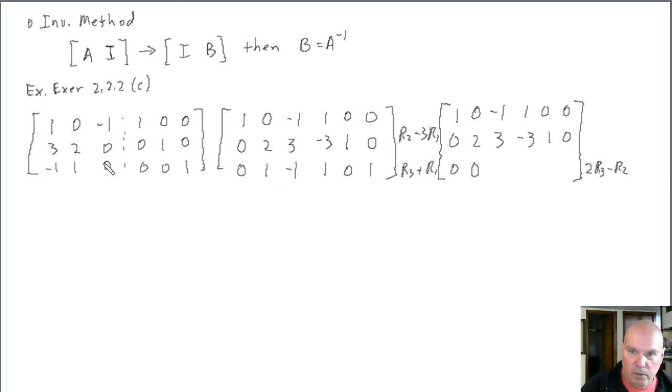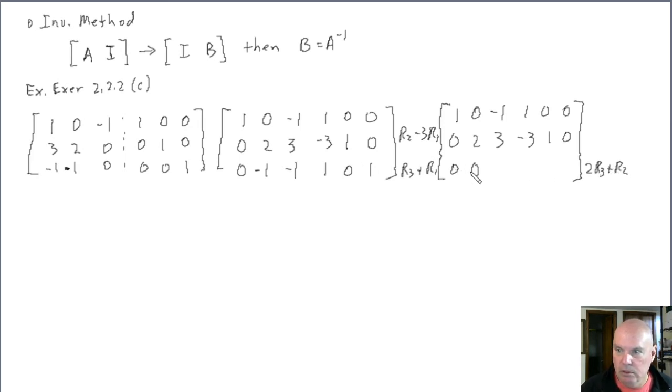I wrote down the original matrix wrong, so let me go back. In the original problem, it was actually minus 1 here, and then row 3 plus row 1 would be minus 1. Sorry about that. So actually now I want to take 2 times row 3 plus row 2.